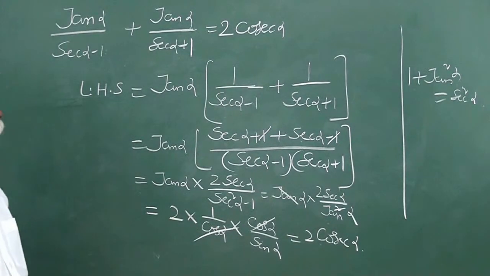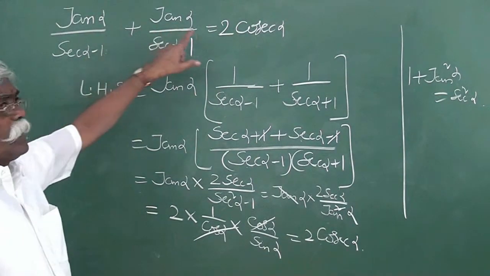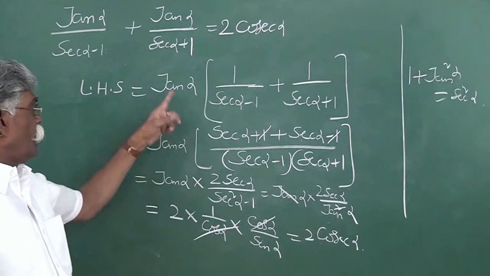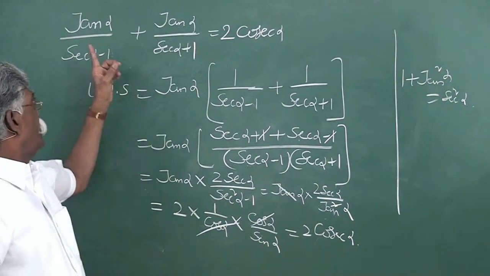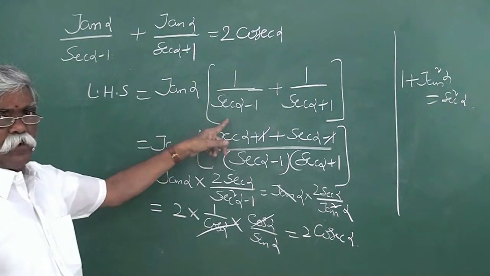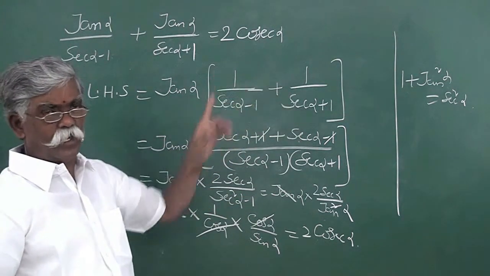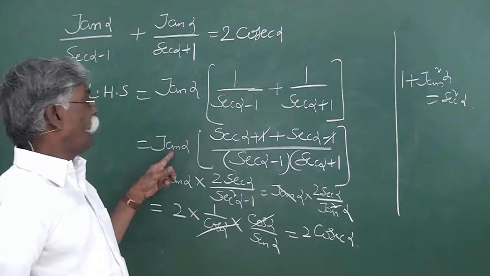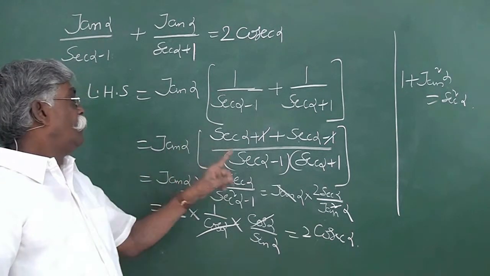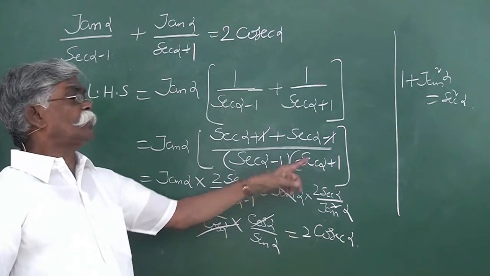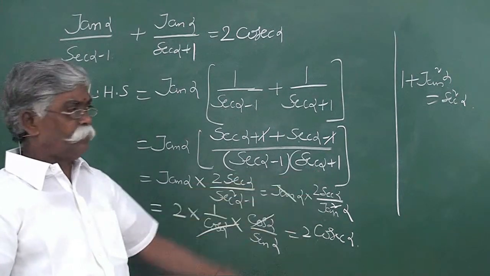Look here once again carefully. So this is the thing which we are asked to prove. We have taken tan alpha common. Here we are left with 1 by secant alpha minus 1 plus 1 by secant alpha plus 1. Now, keeping tan alpha here itself, the LCM is secant alpha minus 1 into secant alpha plus 1.